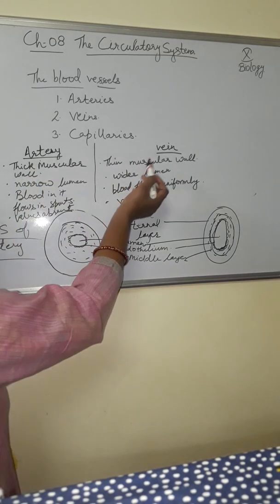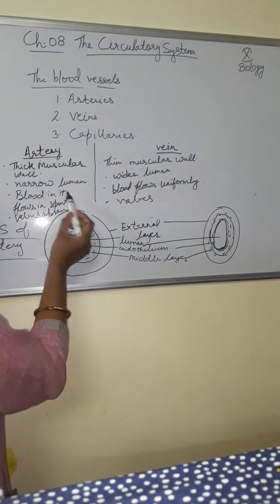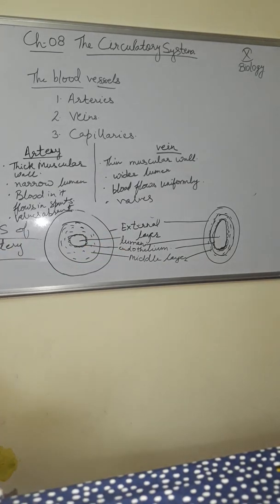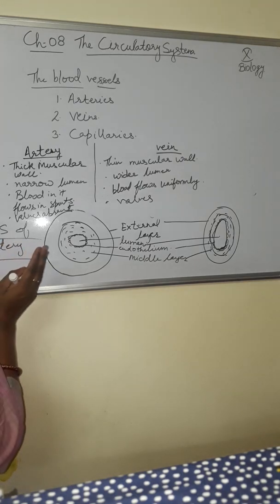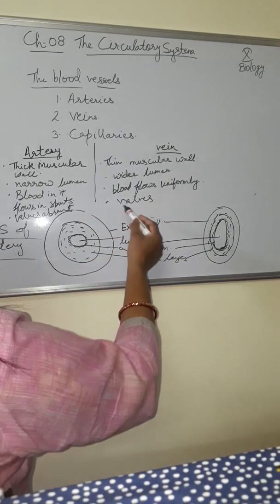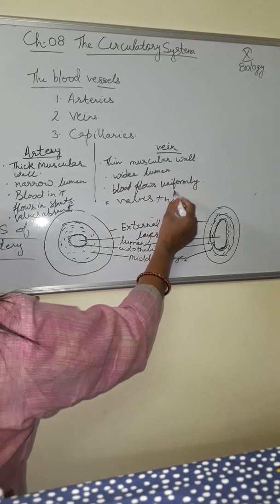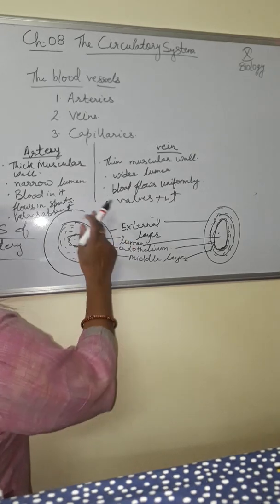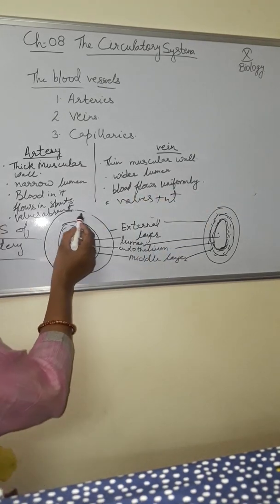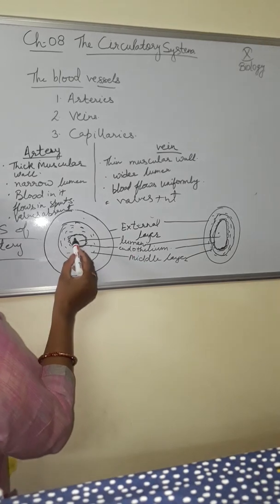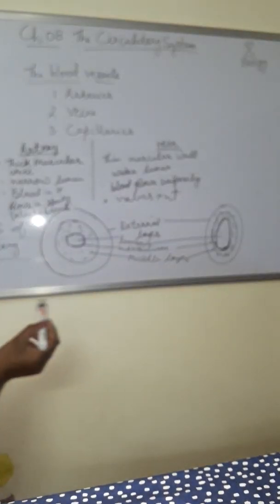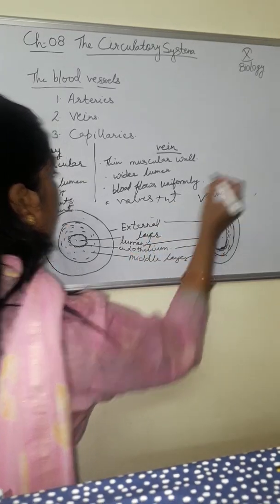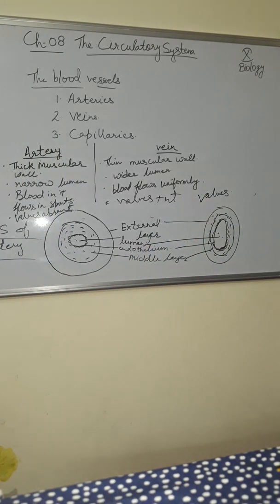Thick muscular wall, thin muscular wall, narrow lumen, wider lumen, blood flows in spurts due to the ventricular contraction of the heart, and here blood flows uniformly and valves present. Valve absent. See structure, size of the lumen, and size of the muscular wall. It is thick, it is thin, narrow lumen, wider lumen. Blood flows in spurts. Here valves present, here valves absent. वॉल्व्स के होते हैं टू प्रिवेंट द बैक फ्लो ऑफ द ब्लड.